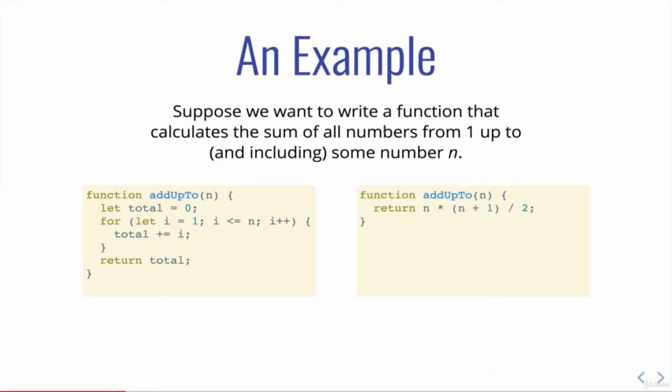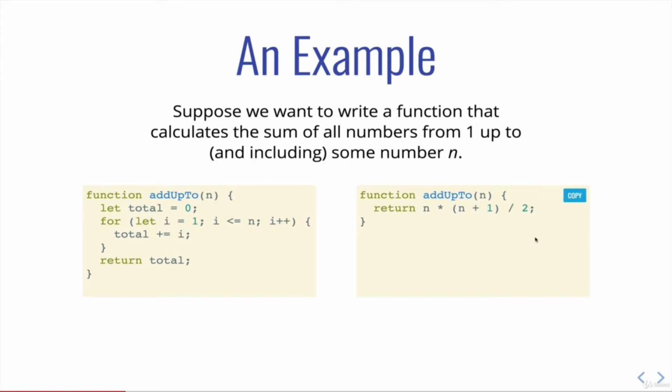Next, there's a second solution. There's more than these 2, but these are 2 that I'm going to use because they illustrate my point. This one is definitely less intuitive. As you can see, it's a lot shorter. It's a single line, which doesn't necessarily make it better, but it's very different. There's no loop involved. It's more of a mathematical formula. We take n and we multiply it by n plus 1 divided by 2.